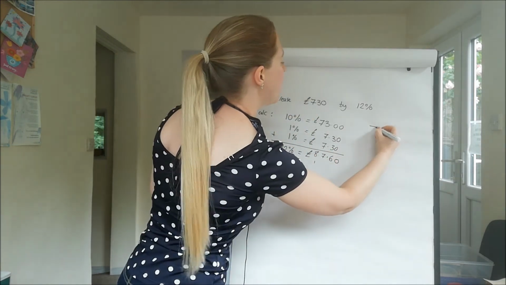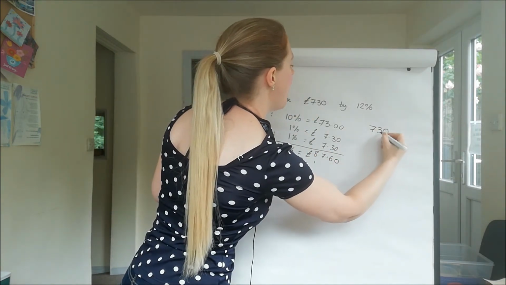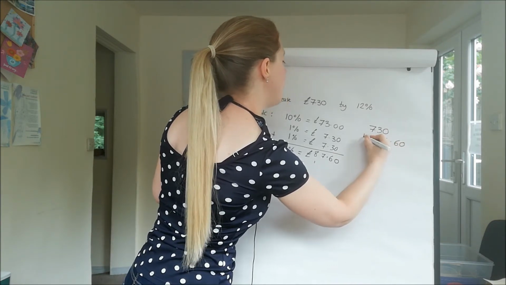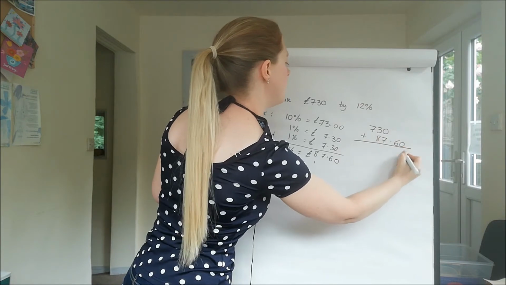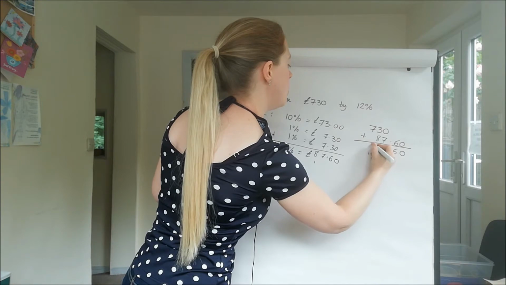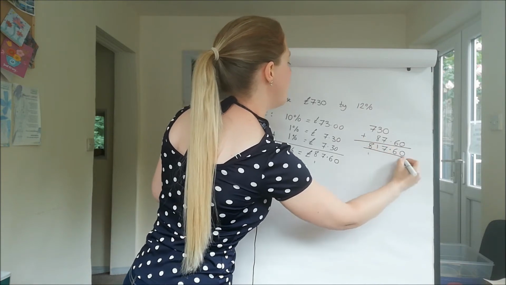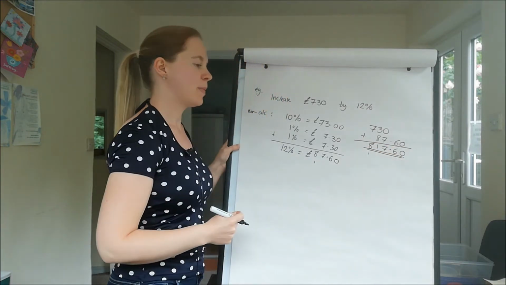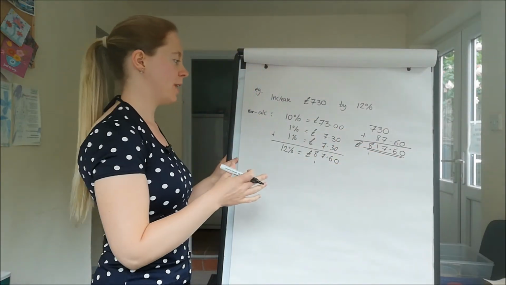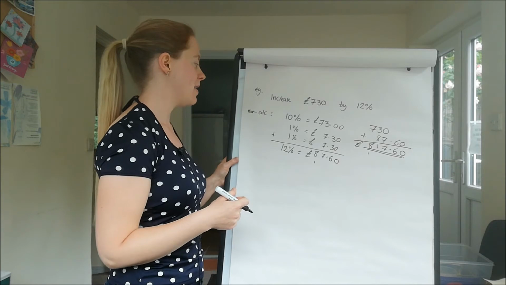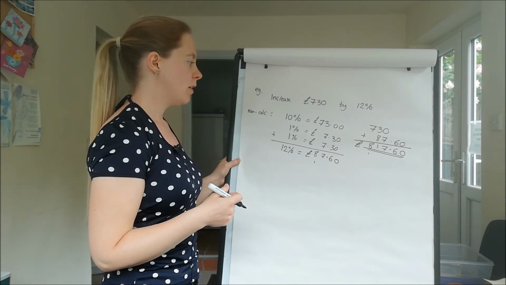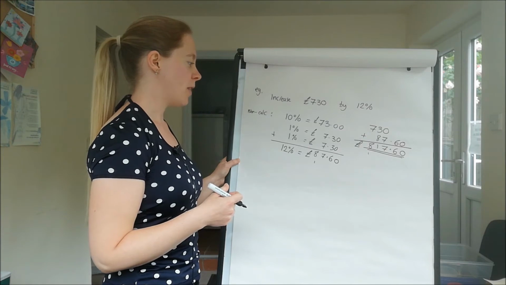So now what I would have to do is add £87.60 on to 730, which would give me £817.60. So it's just like type 1, but with an add at the end if you're doing it without a calculator. I'll just give you a second to copy that down.